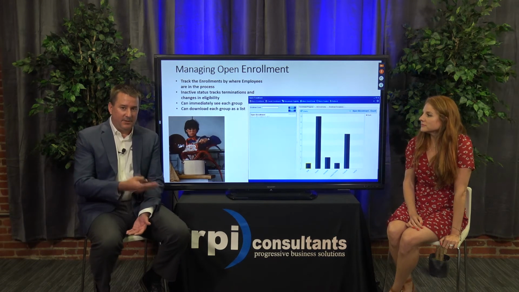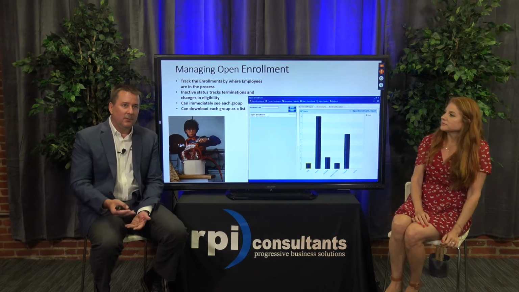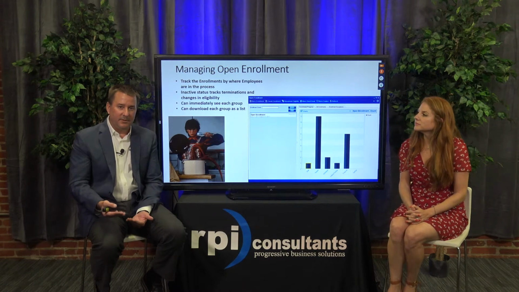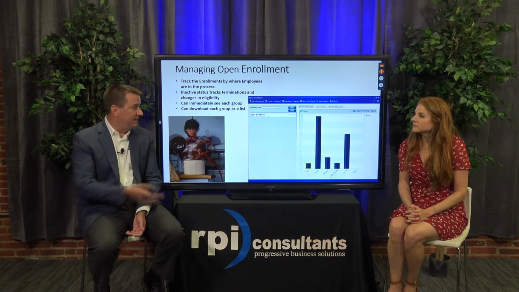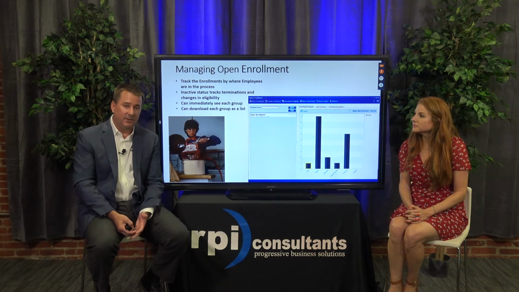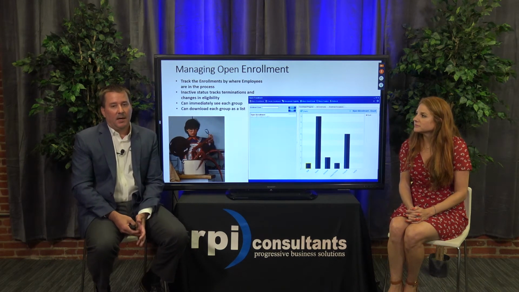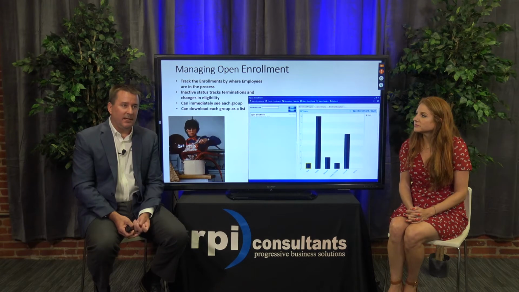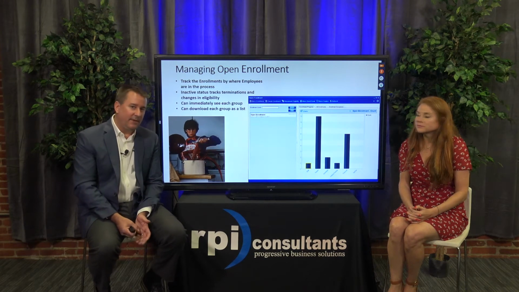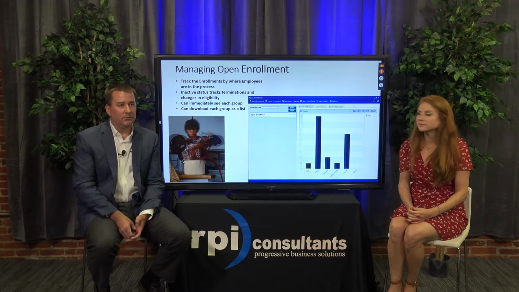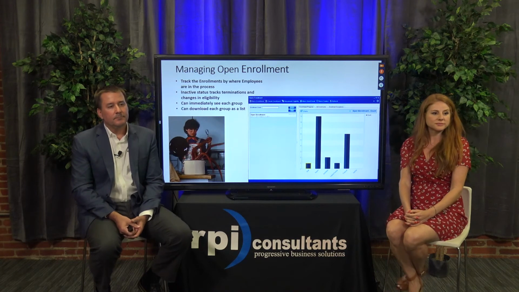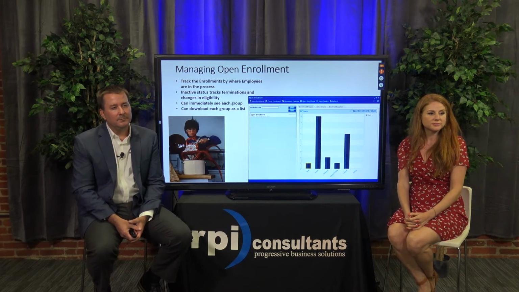You can obviously create a different security role, which would allow different folks in the HR benefits function to see only the open enrollment related material, or you can assign that role to anybody you'd like. But it does have to be associated with that benefit administrator role to have access to this whole group of slides.